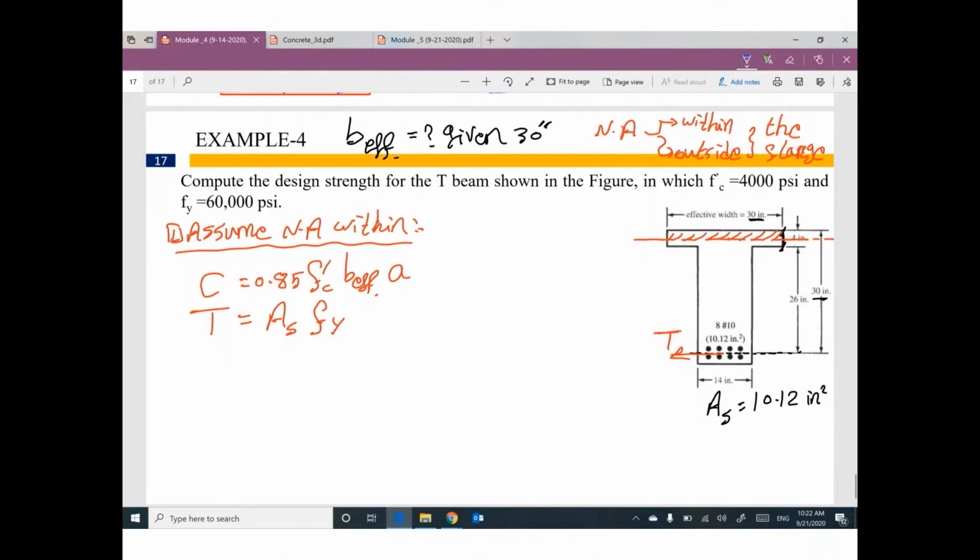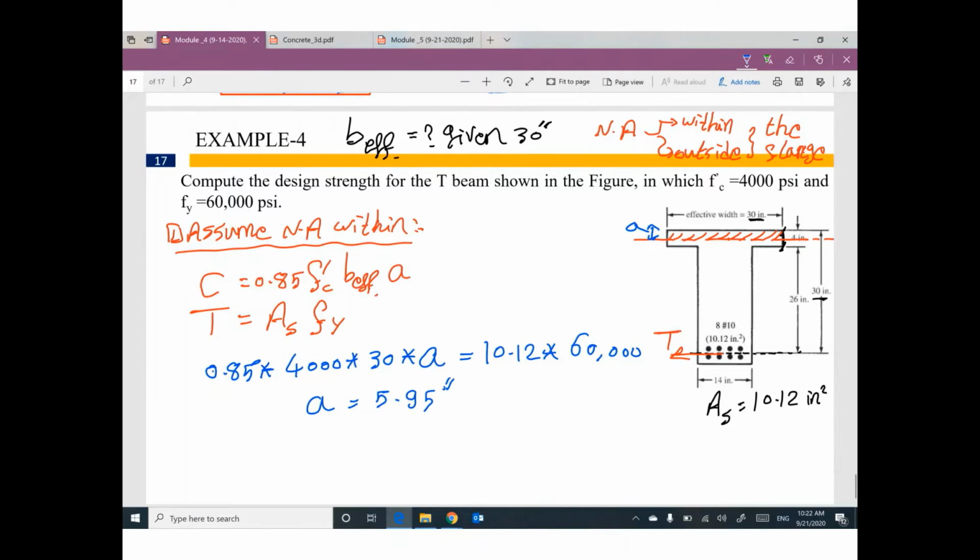So 0.85 times 4,000 times b effective 30 times a, the unknown depth, equals area of steel 10.12 times f yield 60,000. Let's find a: 10.12 times 60,000 divided by the rest equals 5.95 inch.